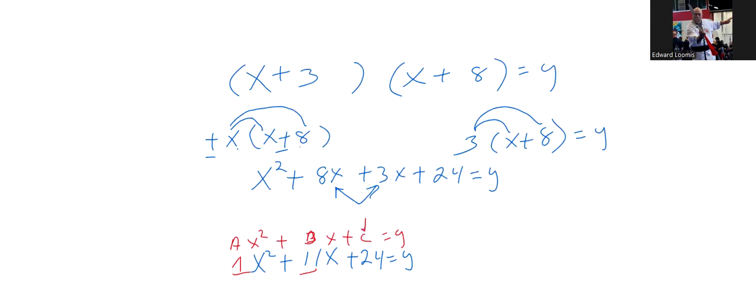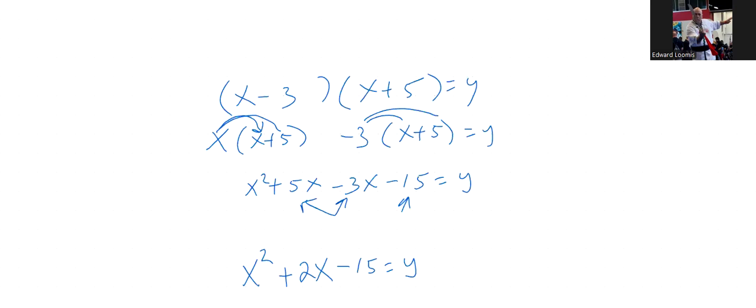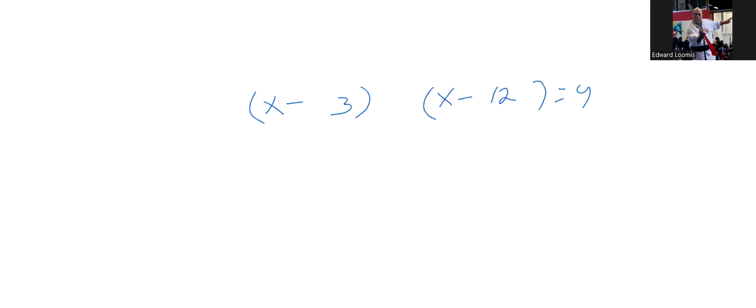So let's go ahead and clear this and let's do another one. I've got (x minus 3)(x minus 12) equals y.